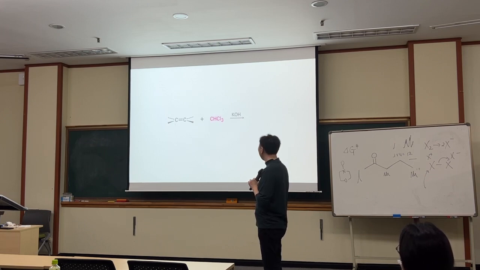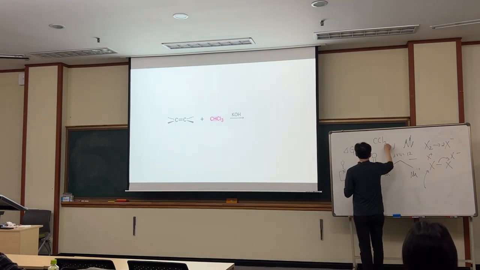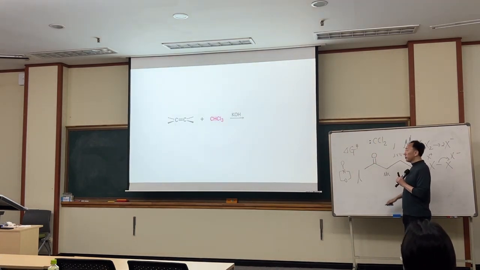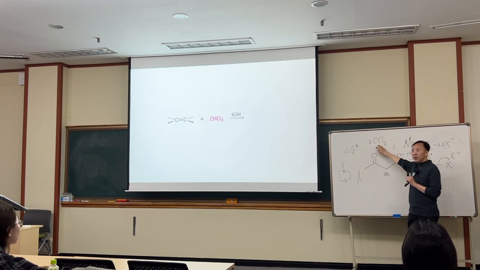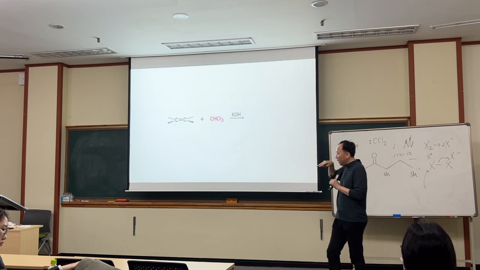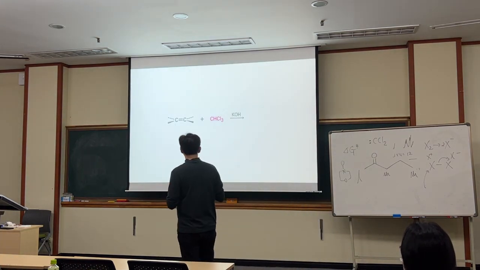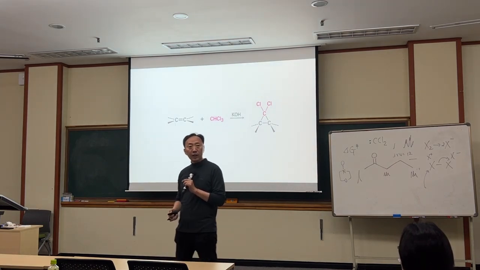Then one chloride leaves, and that generates in situ this kind of species with two electrons together. This is not a radical. What do you call this kind of reagent? Carbene. A carbene reagent is formed. It has two electrons, so it can be inserted into a double bond, similar to oxygen, and it can form this kind of cyclopropane structure. It's a very interesting reaction.